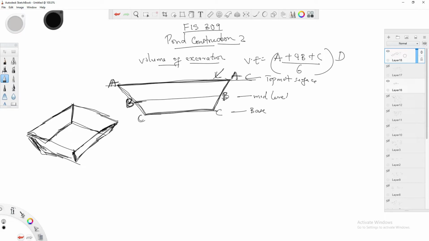So this place is A, that is the topmost surface.